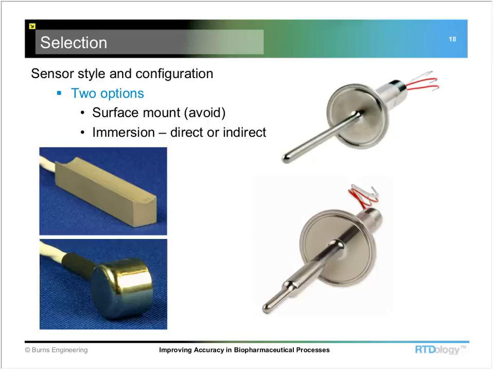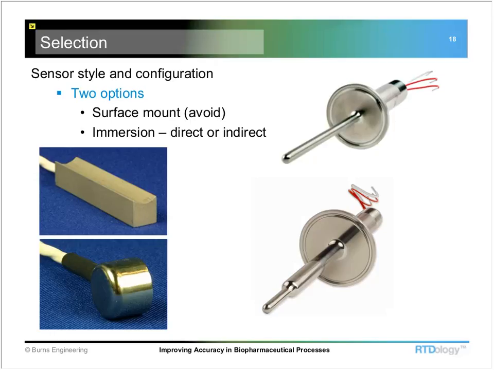And the reverse of that works also, if you have a cold process and a warm ambient conditions. And then the best case is if your fluid process is running at ambient conditions, well, there isn't going to be any conduction error noticeable in that situation.